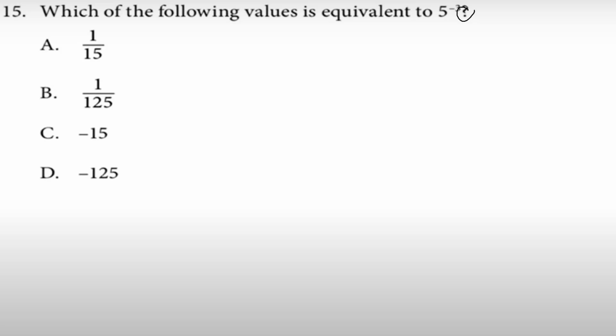Now, one way to think of this is if you have just a whole number, you can turn that whole number into a fraction. So if we have 2, if we have 6, if we have 7, we can turn each one of these numbers into a fraction.